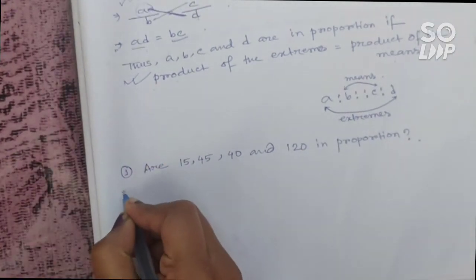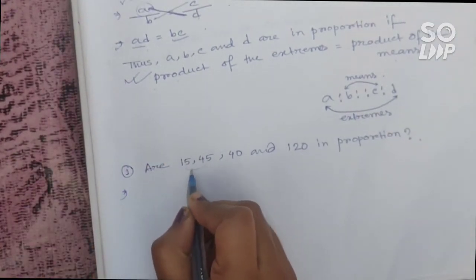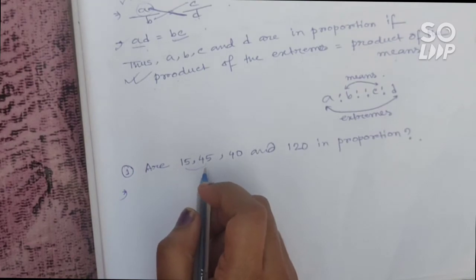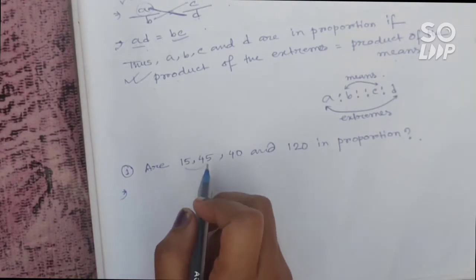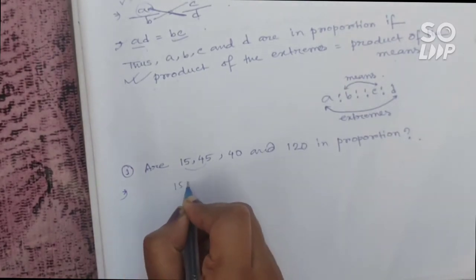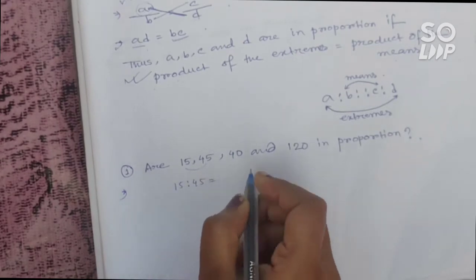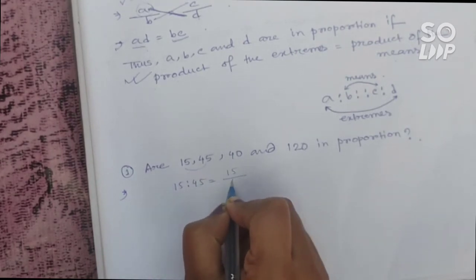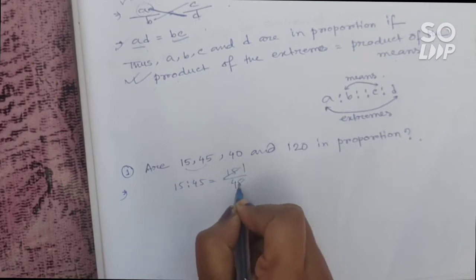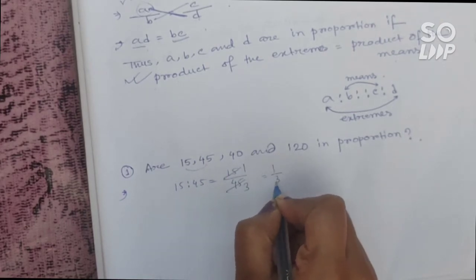First process, you have to find the ratio of first and second number. 15:45. That is 15 by 45. 15 ones are 15, 15 threes are 45. 1 by 3.